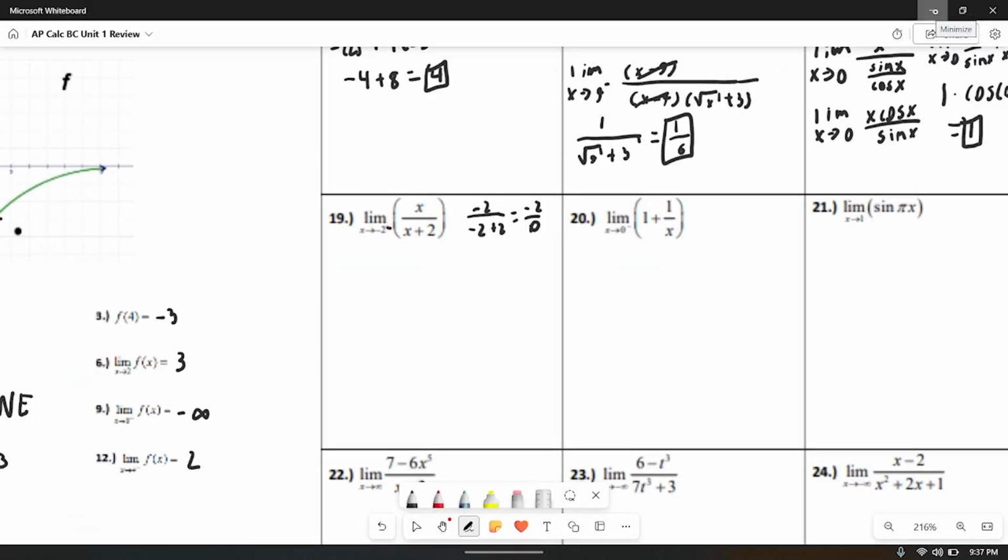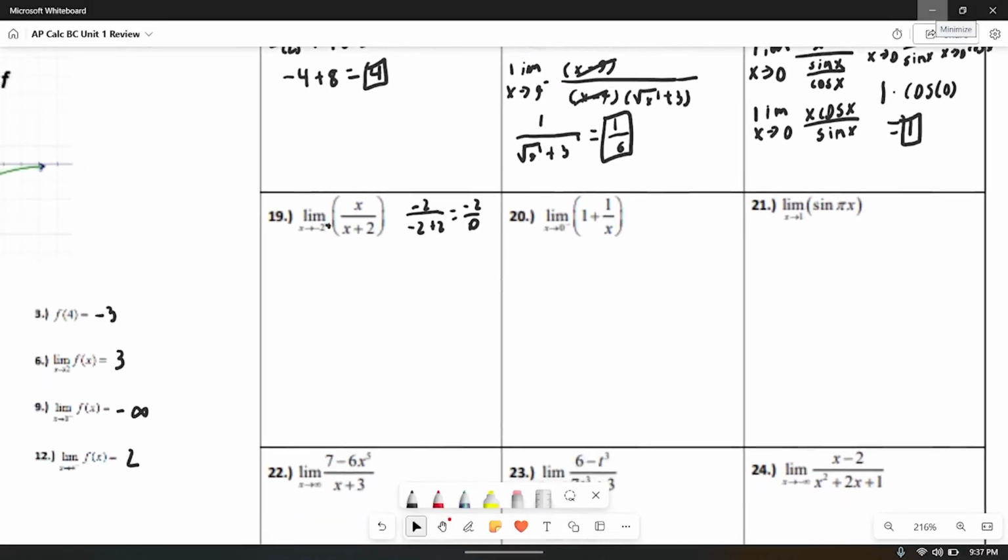We're approaching negative 2 from the positive direction, so we can plug in a number a little bit greater than negative 2. So I'm going to plug in negative 1.999, and we're going to divide by negative 1.999 plus 2. And that's going to equal negative 1.999 over 0.001.